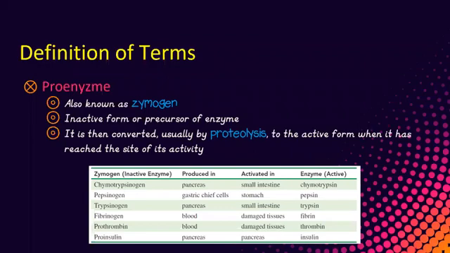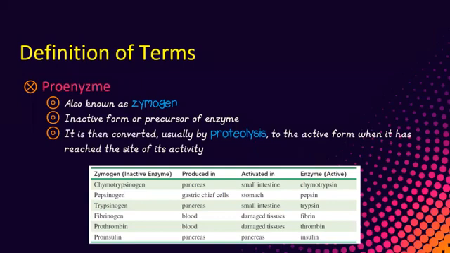Proenzymes are usually inactive or nearly inactive, but they are converted into the active form by the process of proteolysis. So this process will activate our enzyme. Again, the proenzyme in inactive form becomes the activated enzyme through proteolysis.